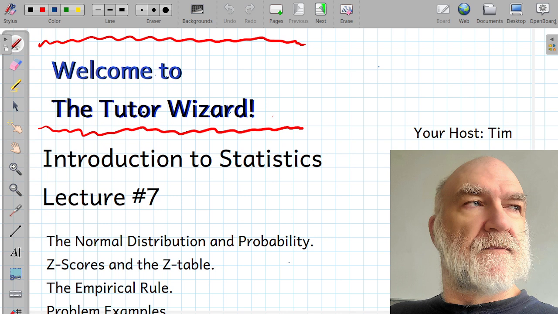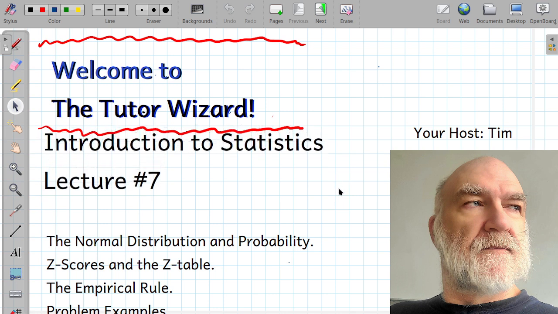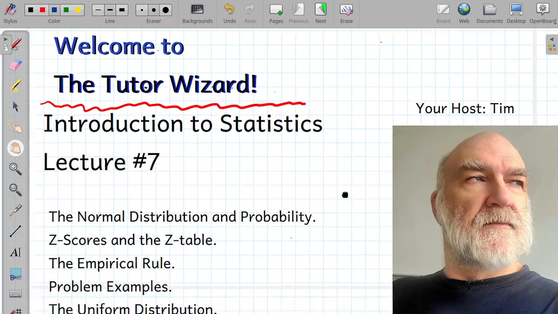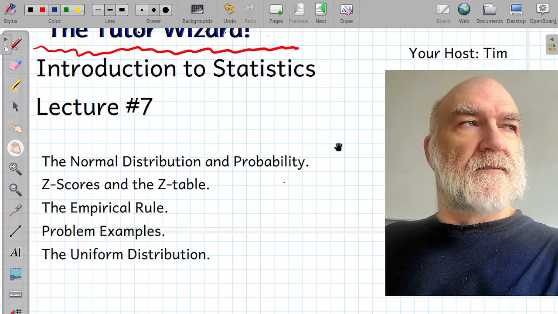In lecture number 7, we are the first of several lectures that are going to deal with probability. Tonight, we are going to concentrate on the normal distribution, how it applies to the concept of chance or probability. That means we're going to talk about z-scores and the z-table.